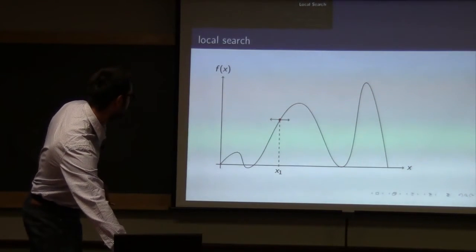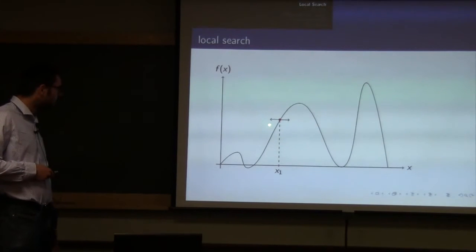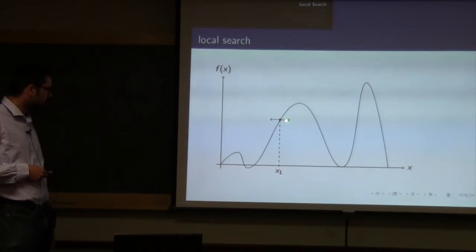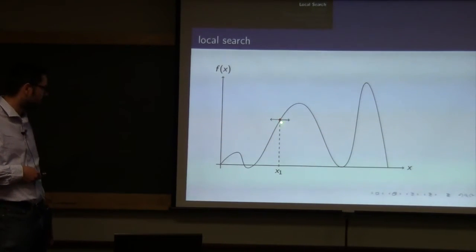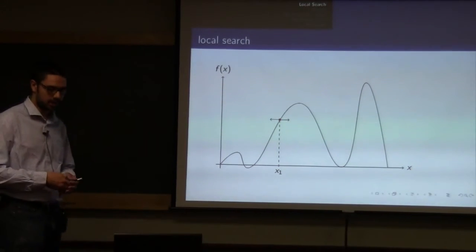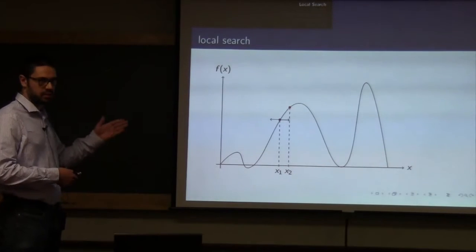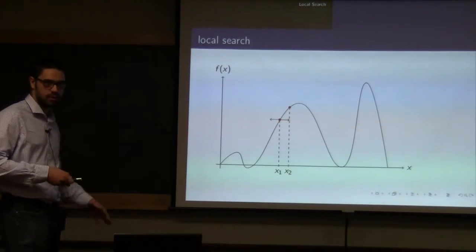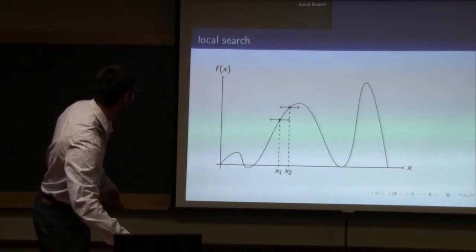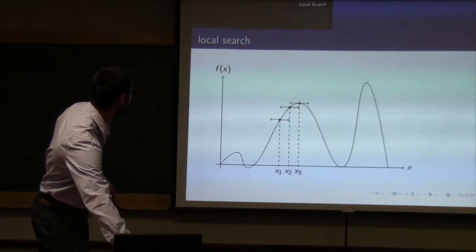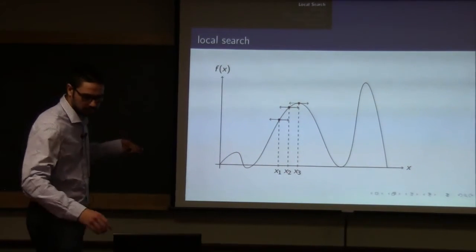So we have two possible moves here, and we call this the neighborhood of this point x. We can move it to the right or to the left, and we see that the point to the right is better. So we modify our solution and go on until we reach the so-called local maximum.